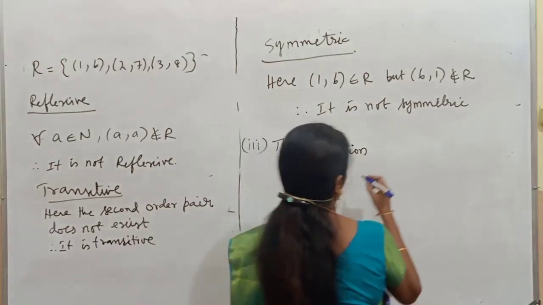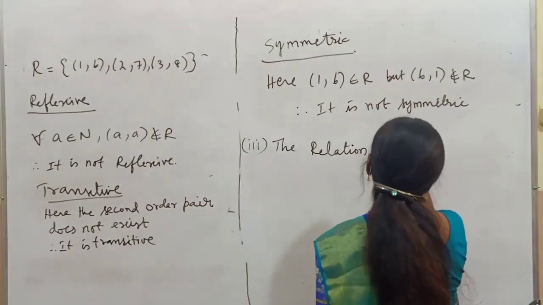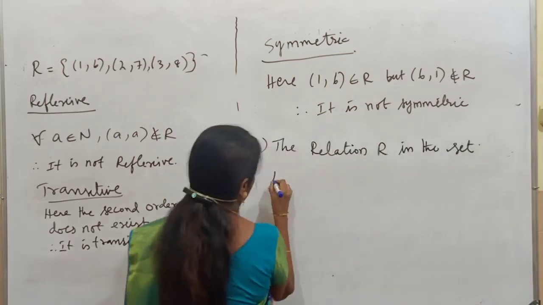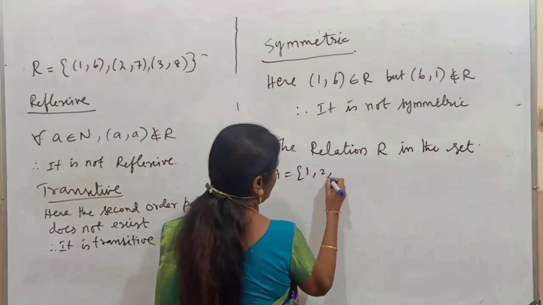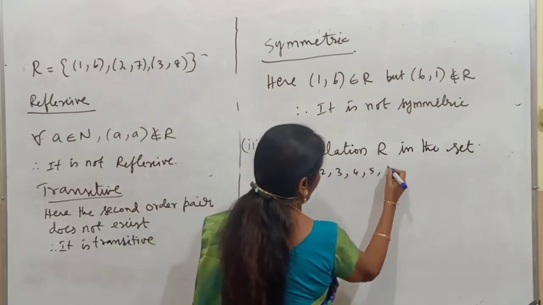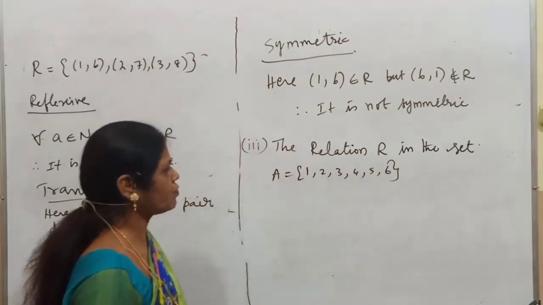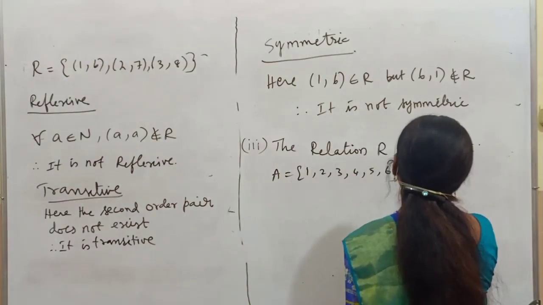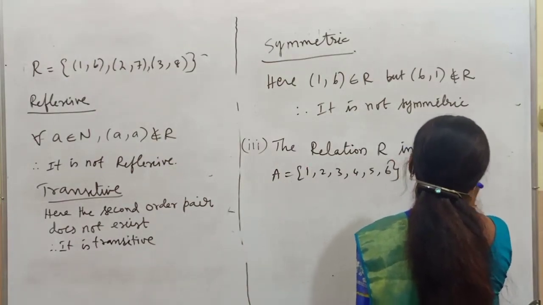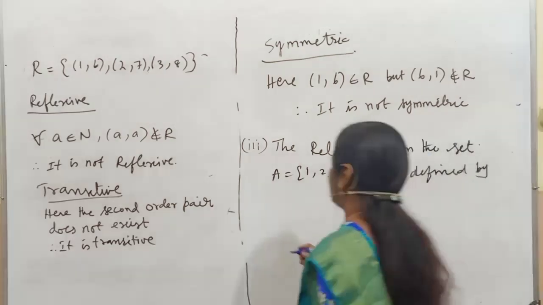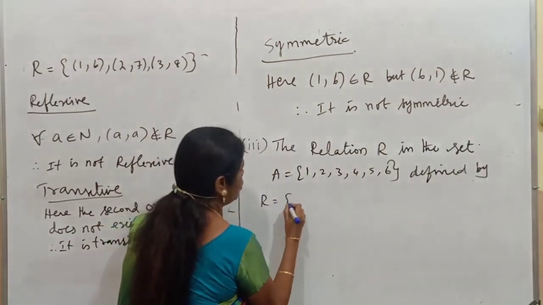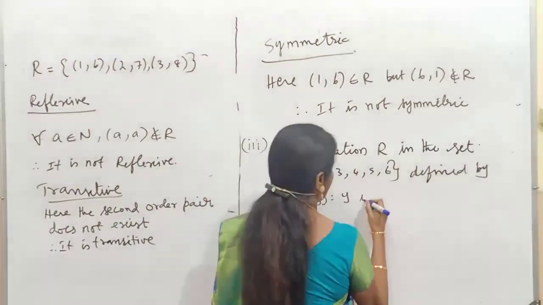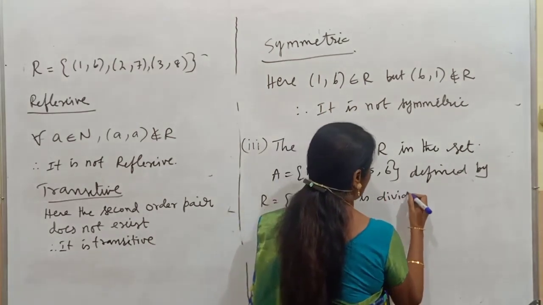Right. Now third question: the relation R in the set A equal to 1, 2, 3, 4, 5 and 6, given or defined by R equal to (x, y) such that y is divisible by x.